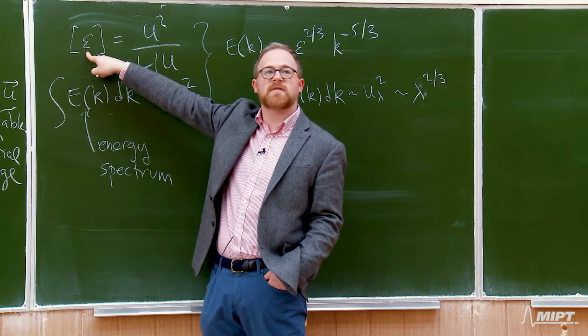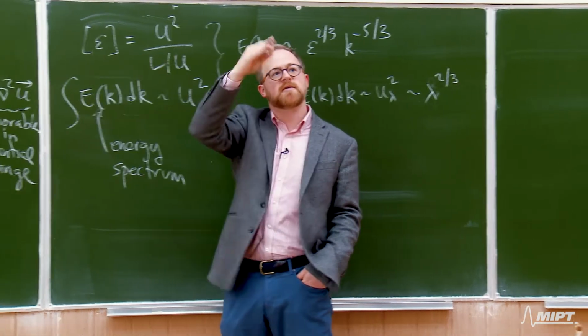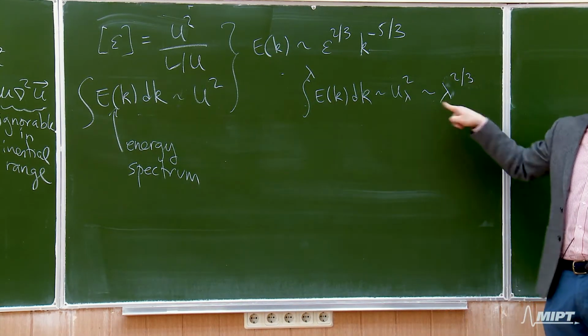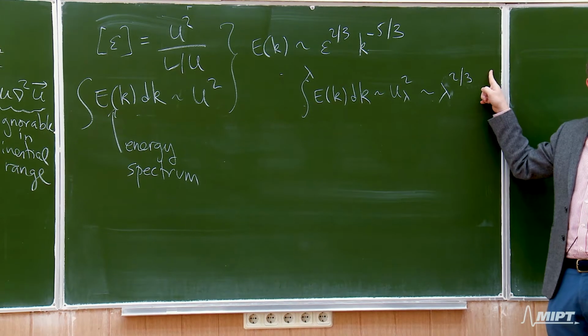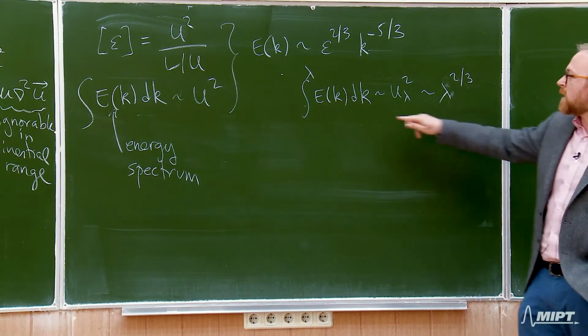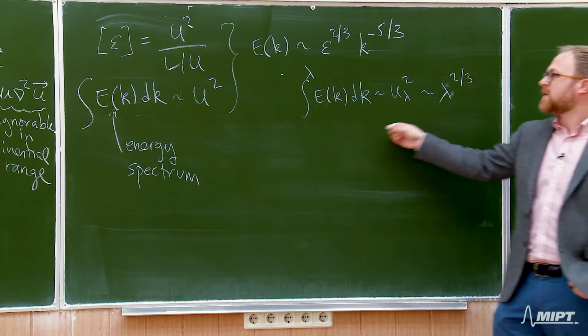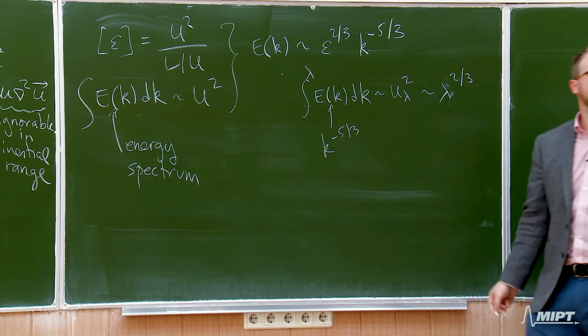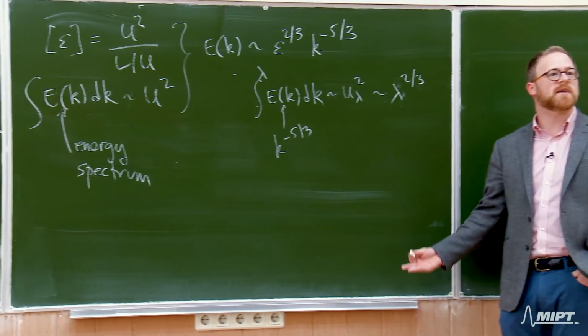And if that thing is just fixed, that scaling holds all the way down the cascade. So that means U squared is lambda to the 2/3 at every scale lambda. And the only way to satisfy this is if this goes like k to the minus 5/3. And that's the Kolmogorov spectrum.